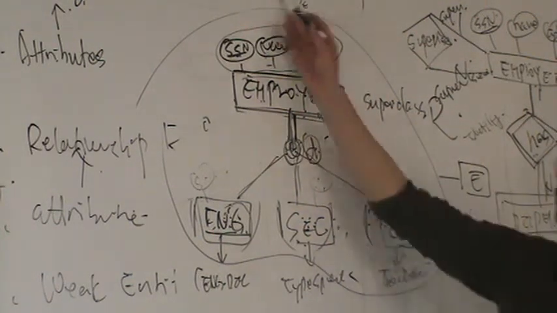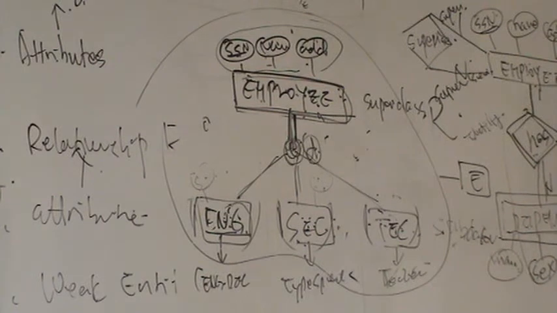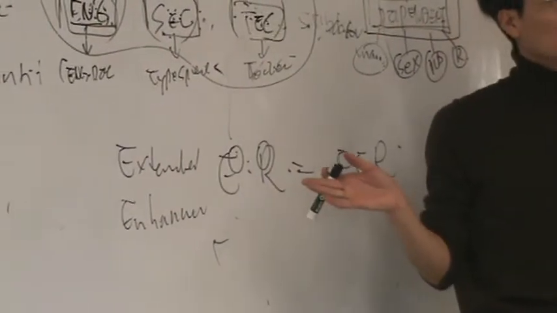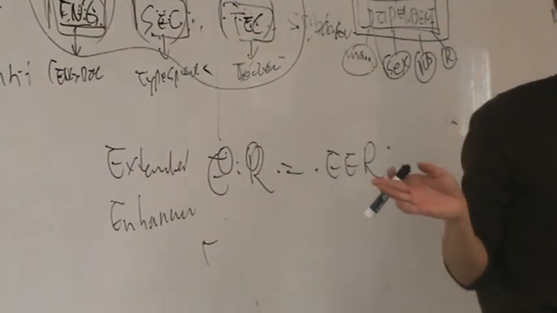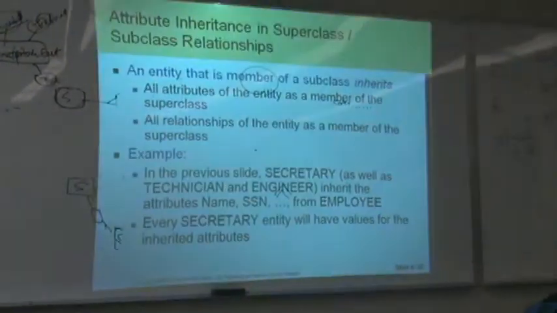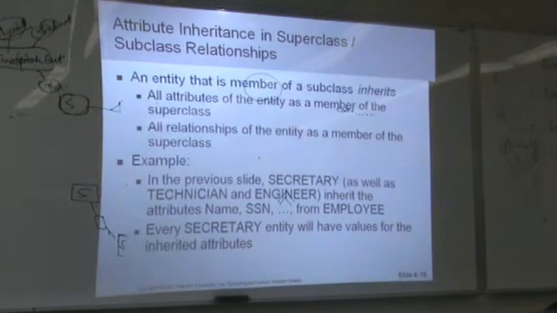So these are the characteristics of super and subclasses for the extended or enhanced ER model. Do you think it's popular? Yes, it's really popular. That's the reason in computer science we are big fans of the object-oriented concept.